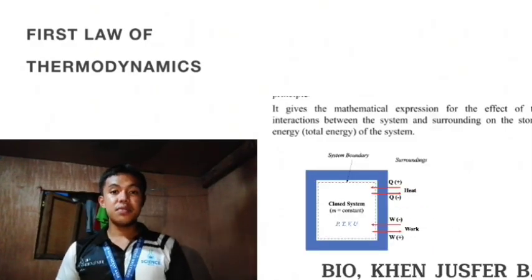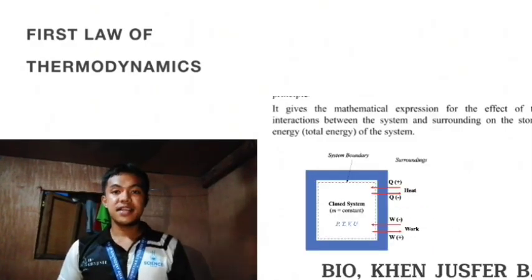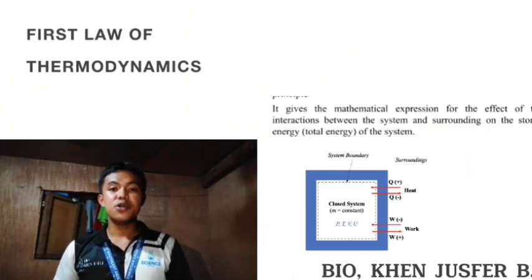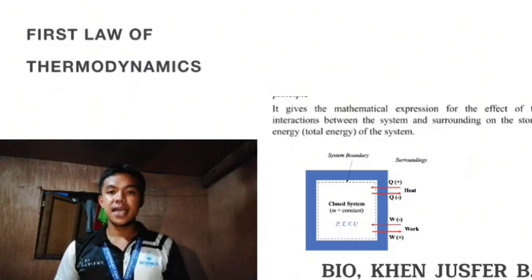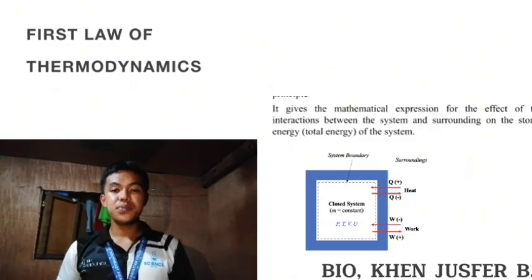In a closed system or control mass, interactions can take place only in the form of work transfer and heat transfer. Therefore, the first law of thermodynamics for a control mass can be explained with reference to conservation of energy only.